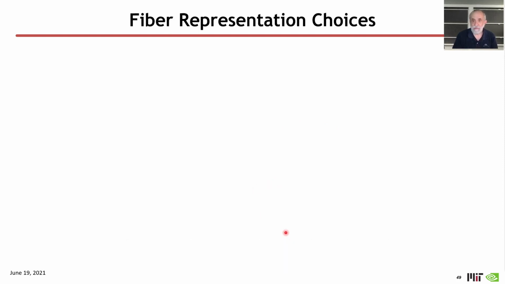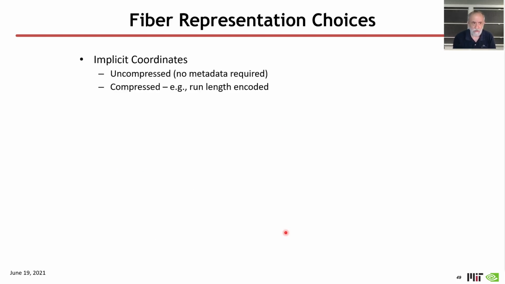So we actually have a lot of choices for how we might want to represent fibers. Some of the attributes of those choices are: are the coordinates implicit in the representation?